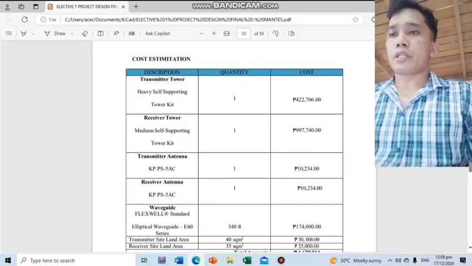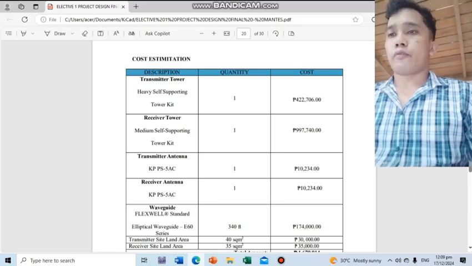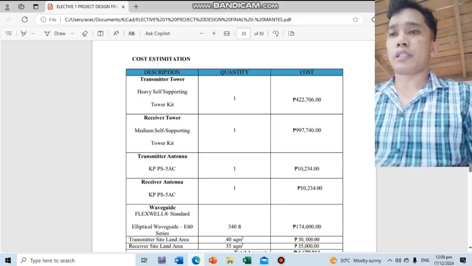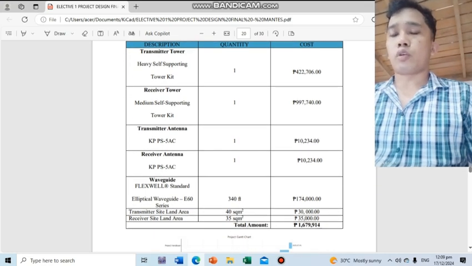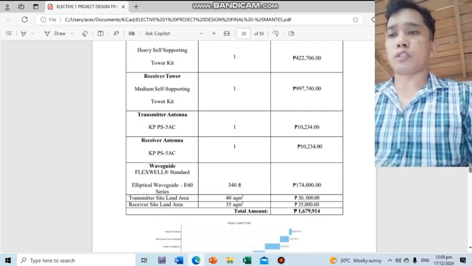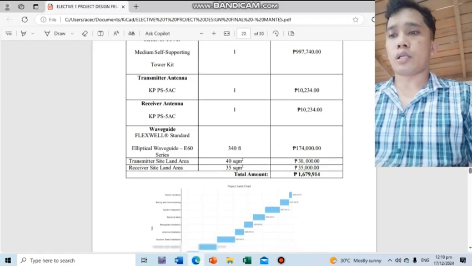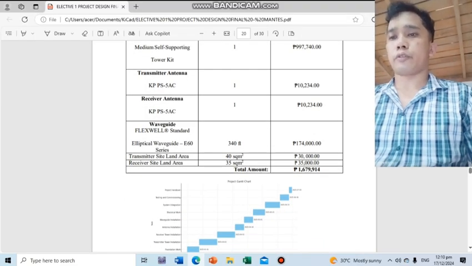For the cost estimation, we have the equipment cost. For the transmitter tower, a heavy self-supporting tower kit, quantity of 1, costs 422,706 based on the site that I searched, and the receiver tower is a medium self-supporting tower kit, quantity of 1, at 997,740. For the transmitter and receiver antenna, I've used KPPS 5AC, both at 10,234.